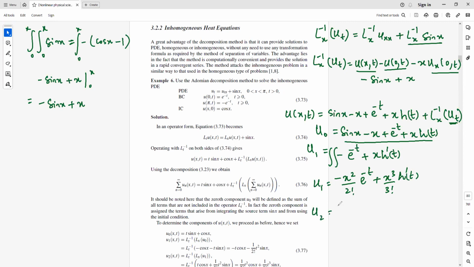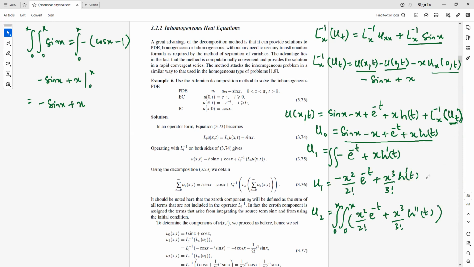Now in the similar manner, if you want to find u2, we are going to do the same thing. First differentiate this function with respect to t because of this ut inside the Lx inverse operator. Therefore, the integral gives this x cube over 3 factorial h double prime(t).